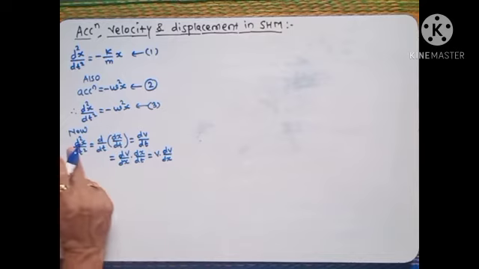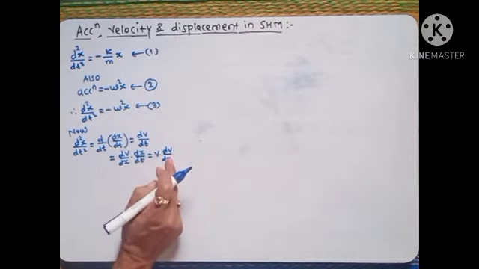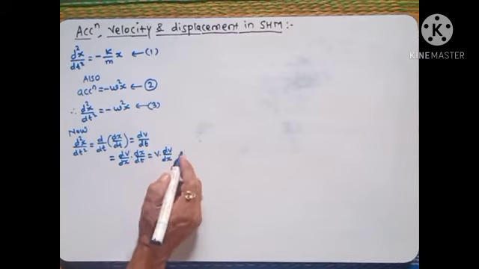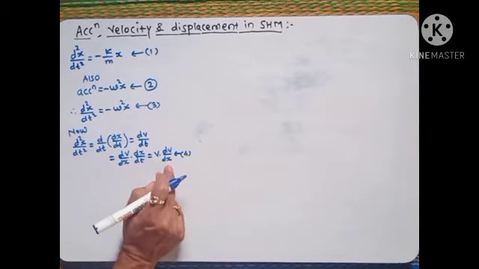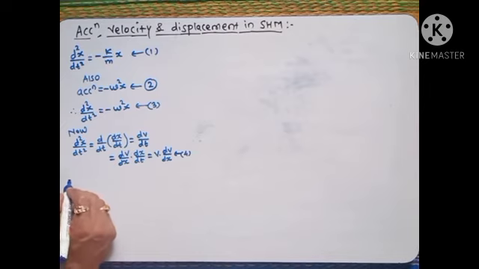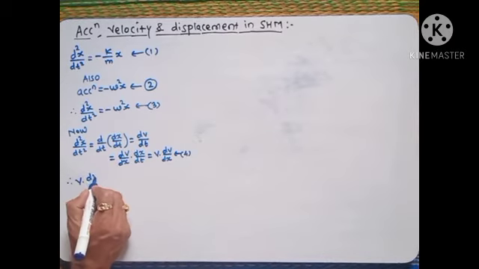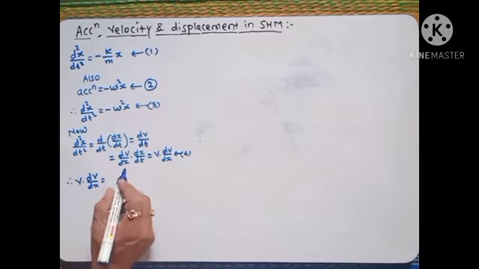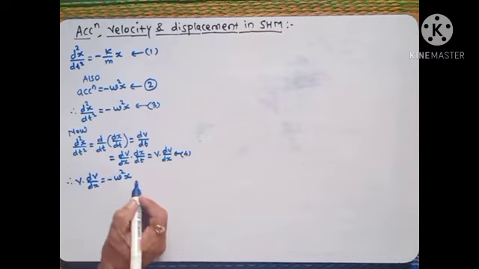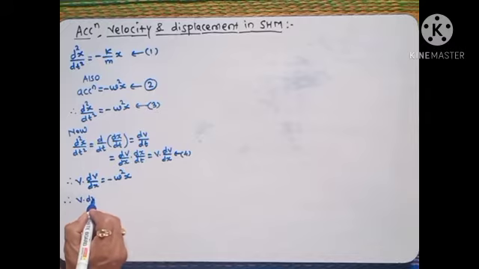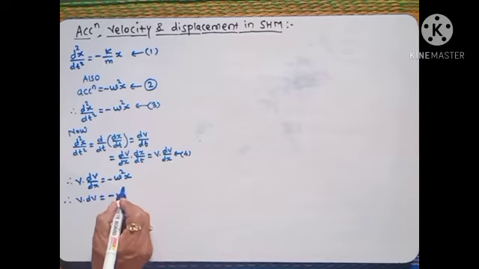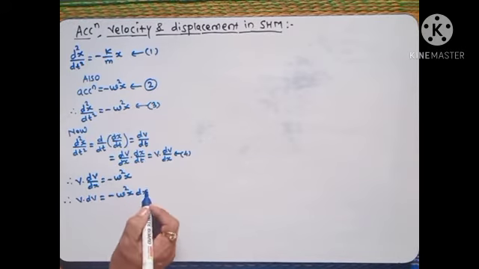That means the value of d2x by dt2 is equal to v into dv by dx. Suppose this is equation number 4, and we put this value v into dv by dx in equation 3. Therefore, we get v into dv by dx equal to minus omega square x, and therefore, taking dx to this side, we write v into dv is equal to minus omega square x into dx.